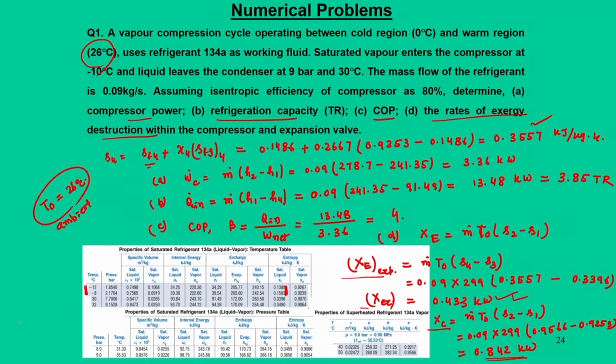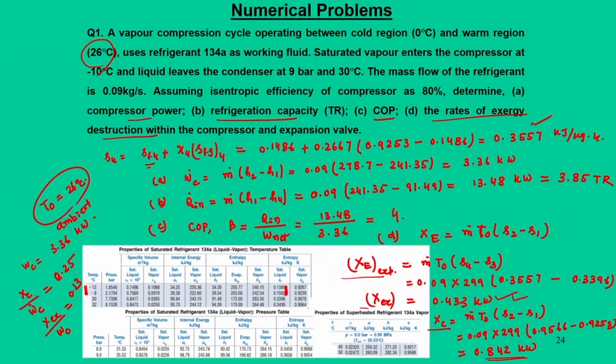Now, if you actually quantify, W dot C is already calculated as 3.36 kilowatt. X dot C divided by W dot C is roughly about 0.25, and X dot expansion valve divided by W dot C is roughly about 0.13.